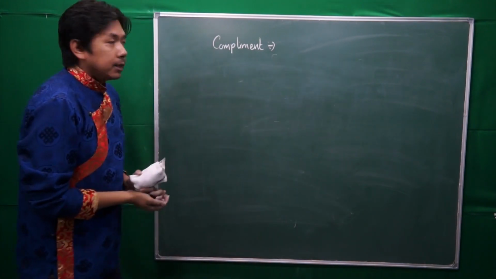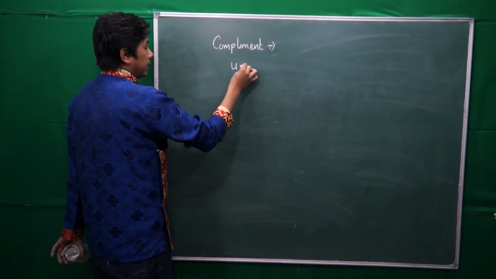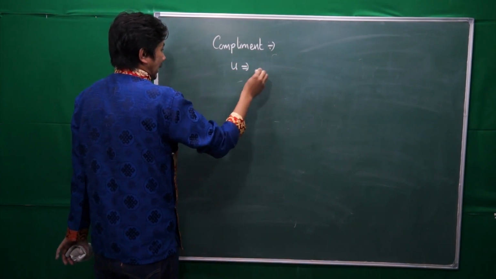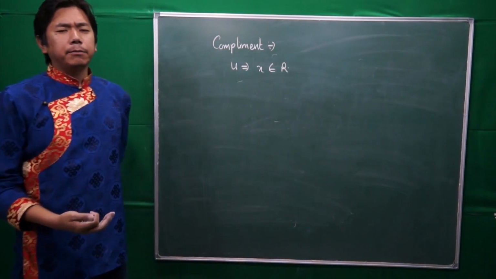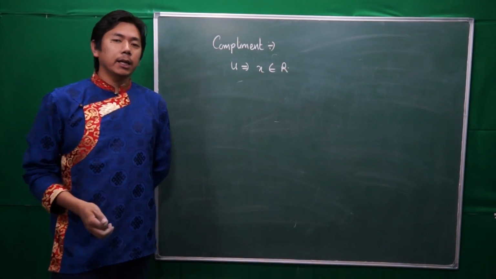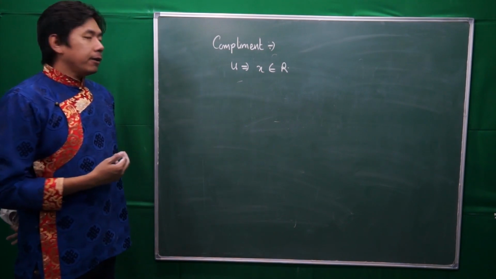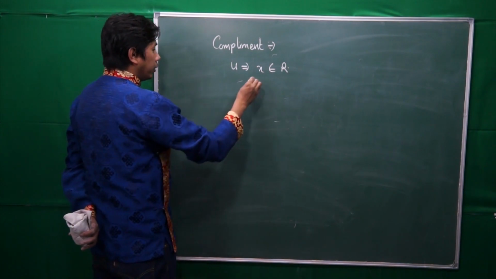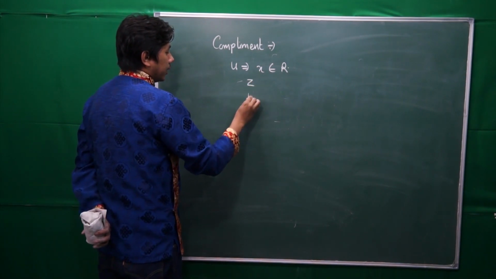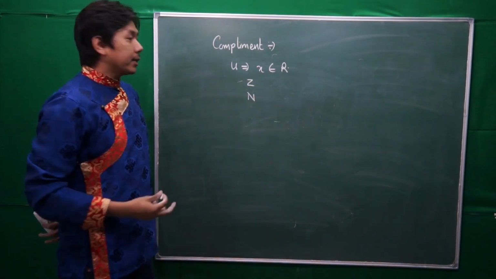All right. Say universal set U is x belongs to real numbers. All the real numbers are included in the universal set. So let's say a few subsets of the universal set of real numbers. By Z, what does Z mean?